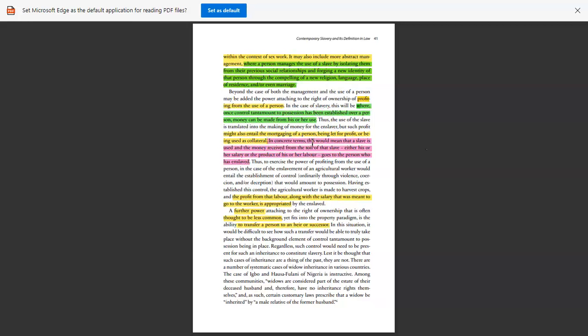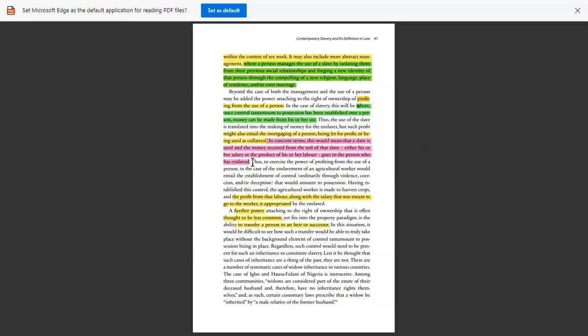So in concrete terms, so this is solid, this would mean that a slave is used and the money received from the toil of that slave, either his or her salary or the product of his or her labor, goes to the person who has enslaved. So again, think about the definition of person.